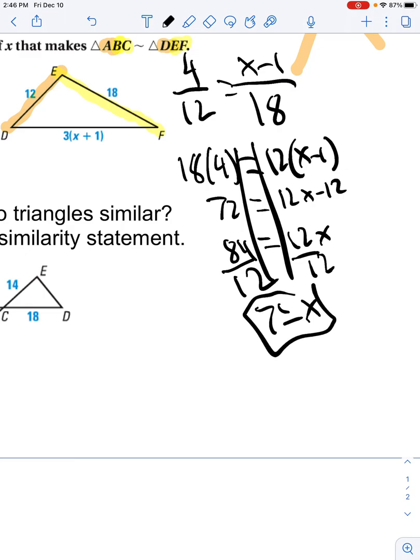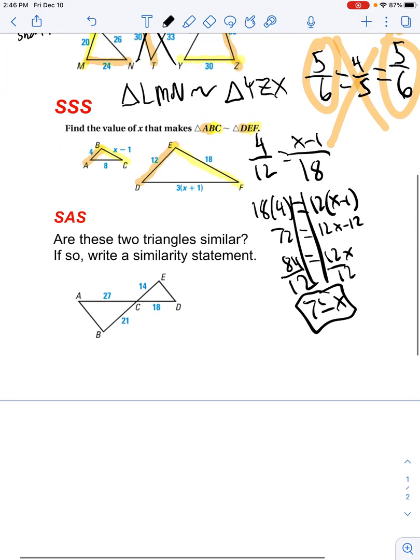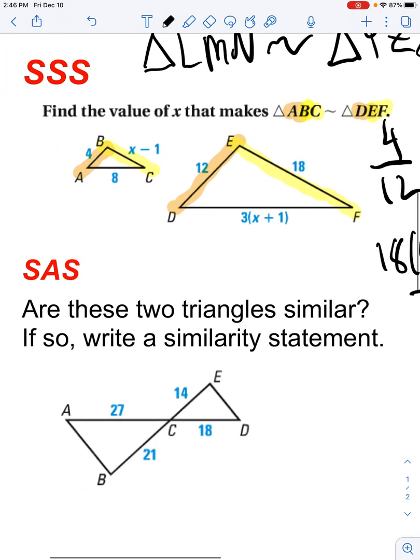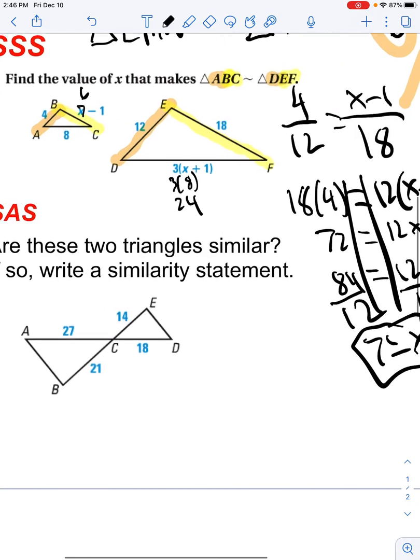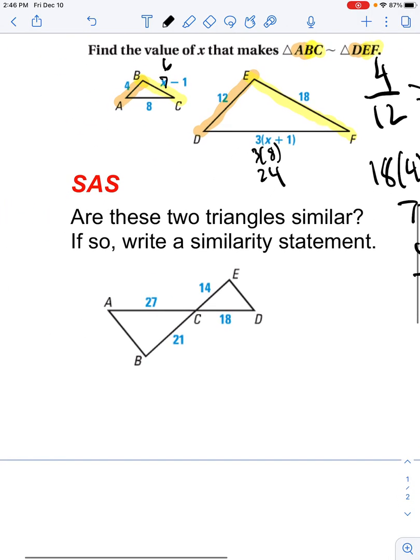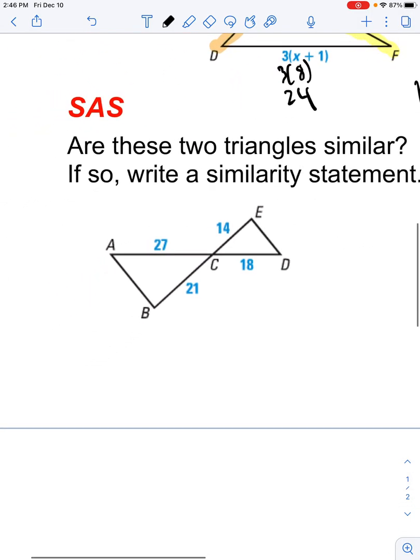Divide by 12, and you get x equals 7. All the question asked me was to find x, but if I did 7 minus 1, that would be 6. If I did 7 plus 1, that is 8, which would give me 24 there. So I could just as easily find the sides.